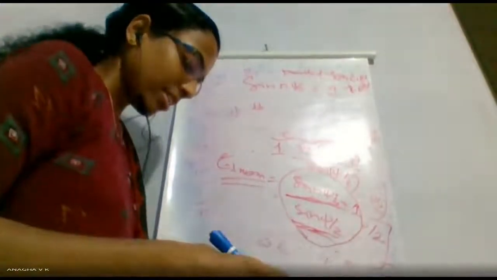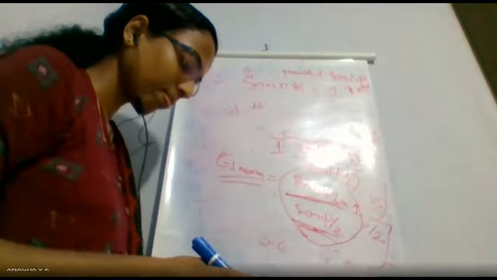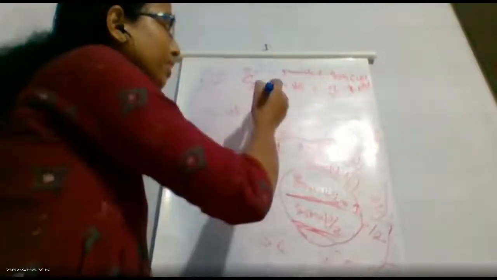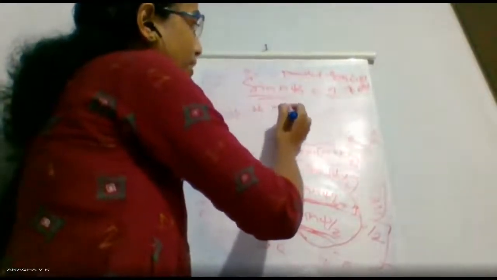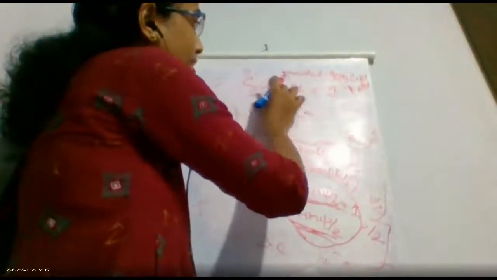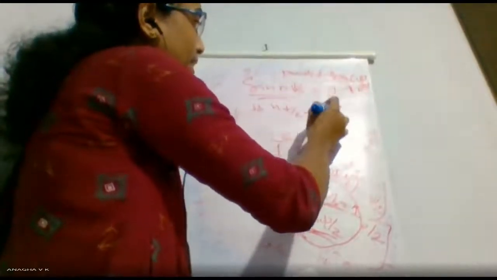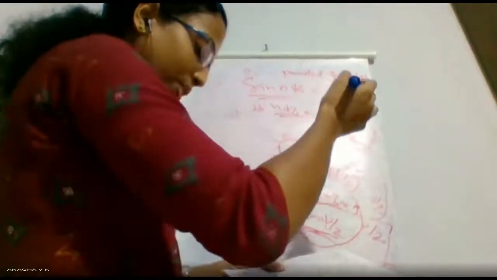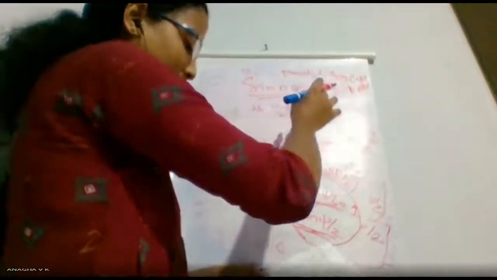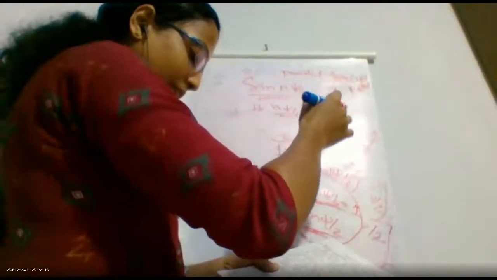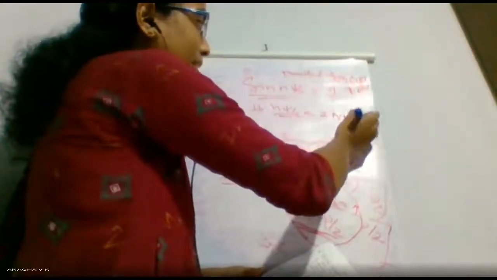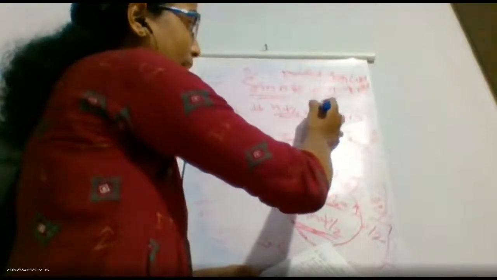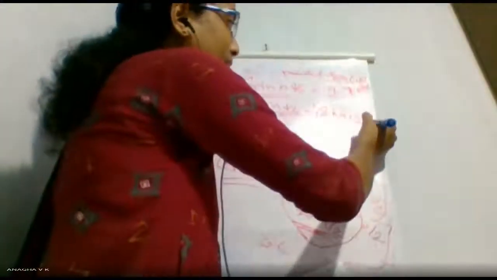So sin(N psi by 2) equal to 1 means N psi by 2 is equal to sin inverse of 1, which is 90 degrees. So N psi by 2 equals plus or minus (2n plus 1) pi by 2.